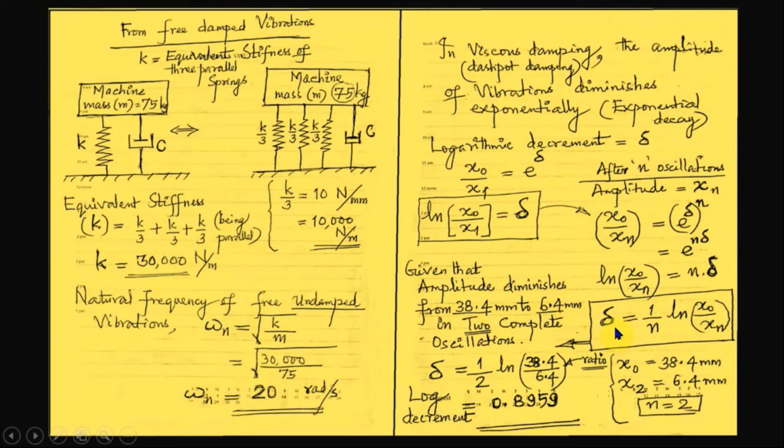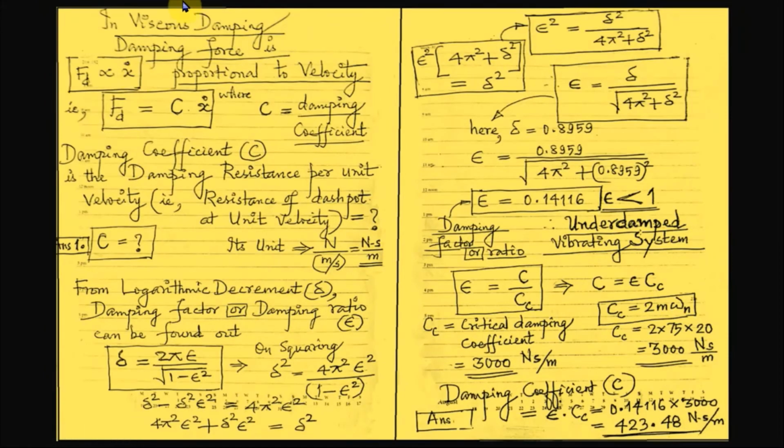So the relation delta is equal to 1 by n into ln x0 by xn becomes 1 by 2 into natural log of 38.4 divided by 6.4. So you will get logarithmic decrement delta as 0.8959.